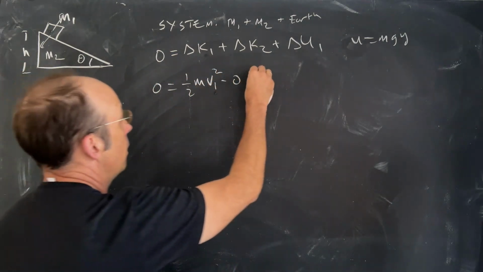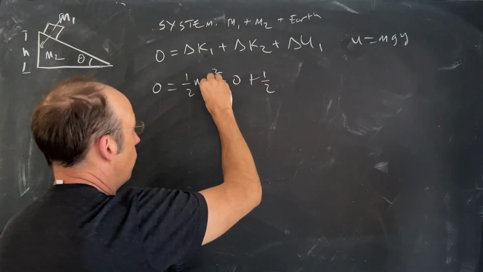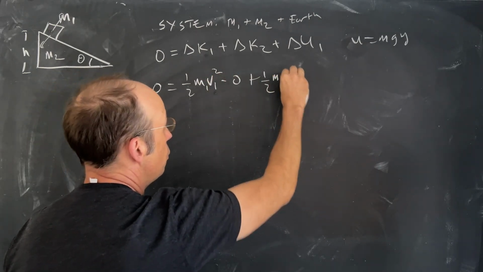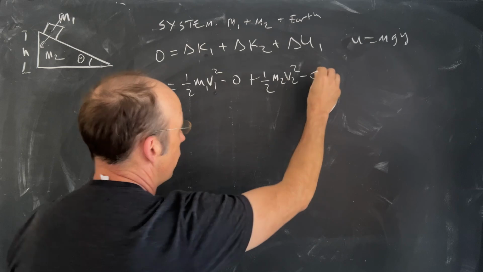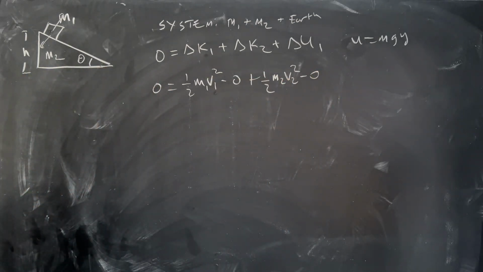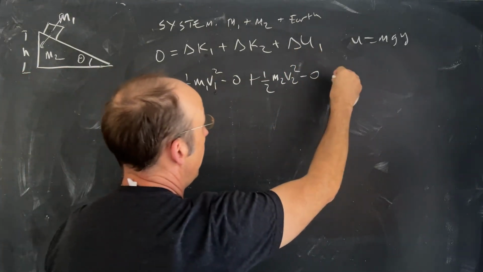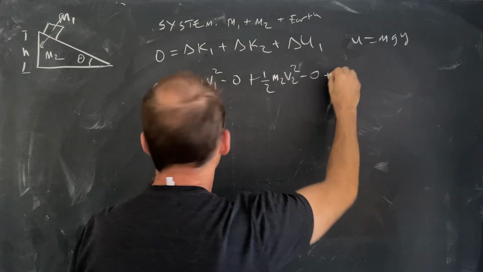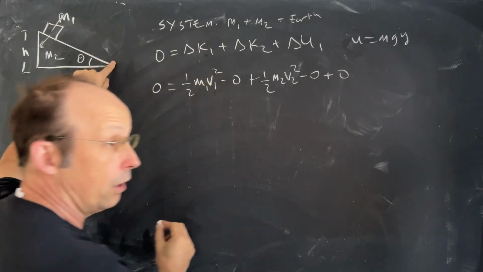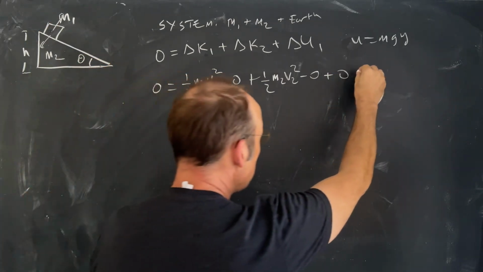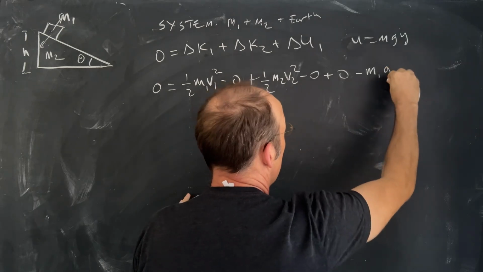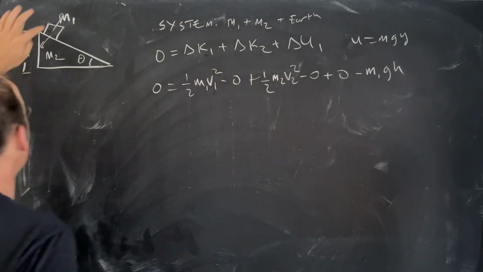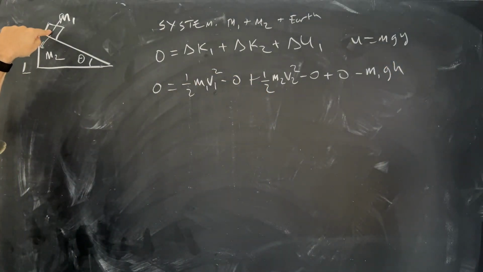Plus 1/2 m2 v2 squared minus 0, again it started from rest. Then I have the final potential energy, 0, because this block's going to end up down here where the y value is 0, minus m1 gh, which is the initial position of the block up here.